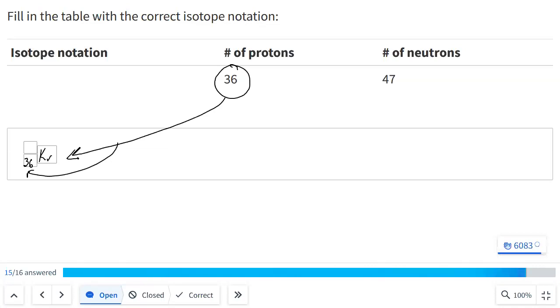So just from the protons, you should have been able to get those two answers. Now to get the mass number, I need to add together the protons and the neutrons. So that would be 36 and 47 for a total of 83. So that is the notation that you should have entered into Top Hat.